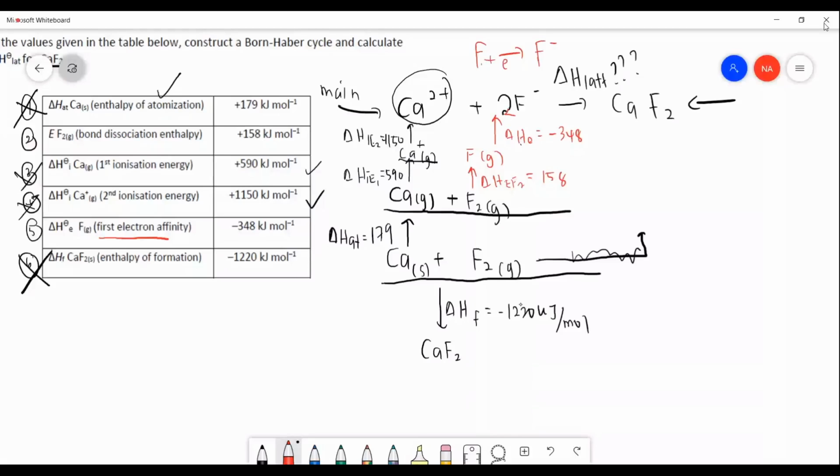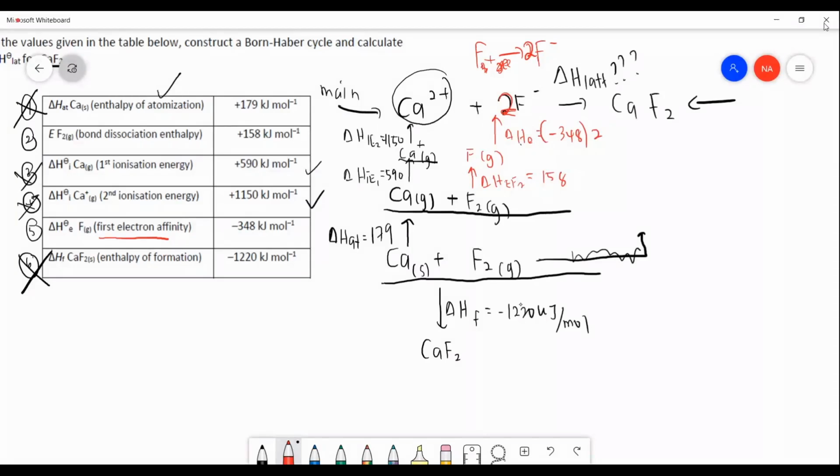How many F is there? Two F. Not 1, because here is 2F. In order to get 2F minus, that means 2 electrons, so you need to multiply by 2. So we have settled with the roots here.